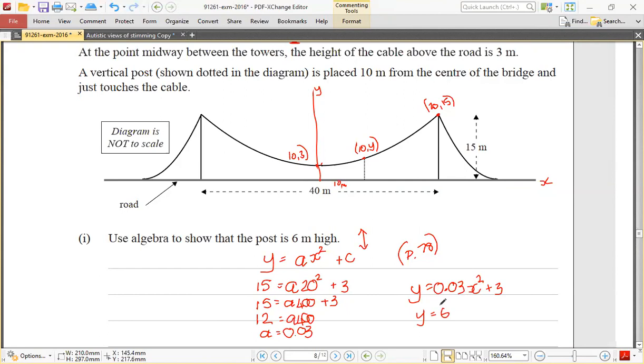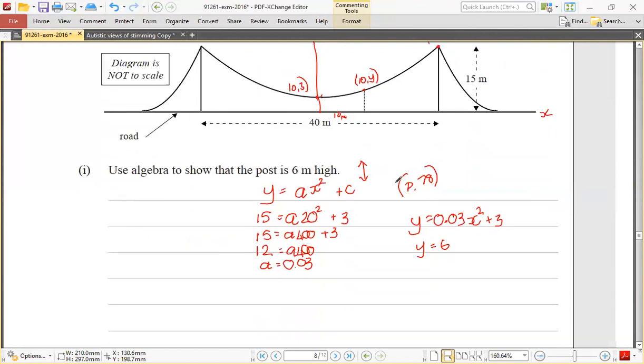So you've proved the post is 6 meters high. So when it's 10 meters away, it's 6 meters high, and that's it.